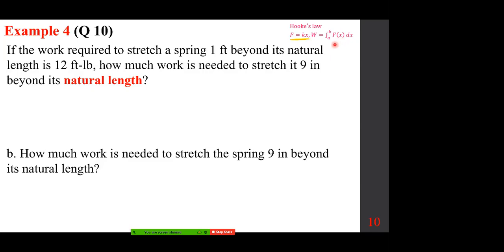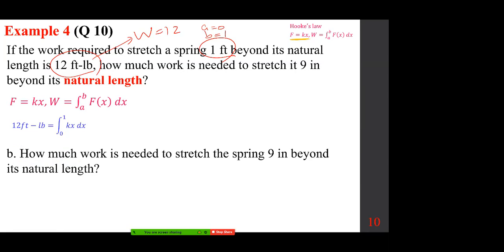And we are going to use kx dx, and that is equal to this number, which means we work it out and we find the k. So the very first step is to find the k. In other words, you would say A is 0, B equals 1, W equals 12, put the two concepts together and find K. So that's what we are going to do.